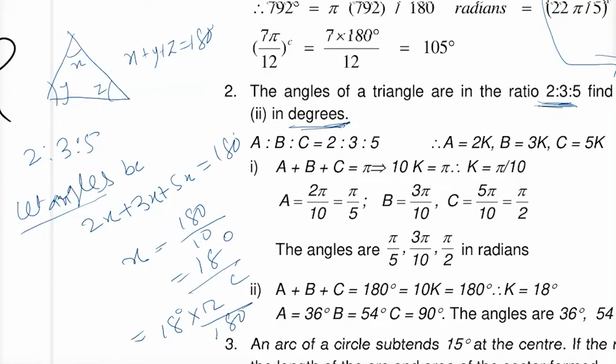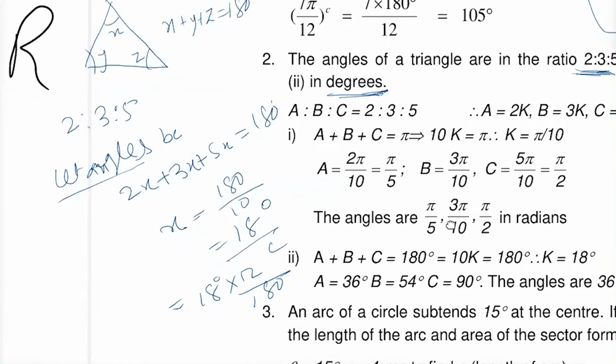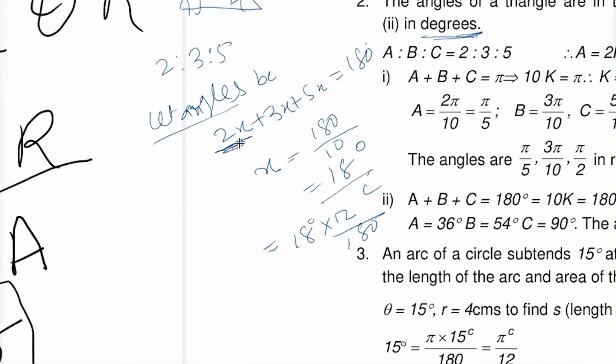Yeah, I got it. But still, this is not the answer. Actually, you have to find 2x, 3x and 5x. If I got 18 degree as x, then the first angle will be 2 into 18, second is 3 into 18, third is 5 into 18.